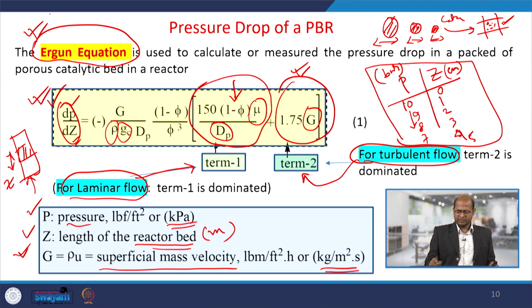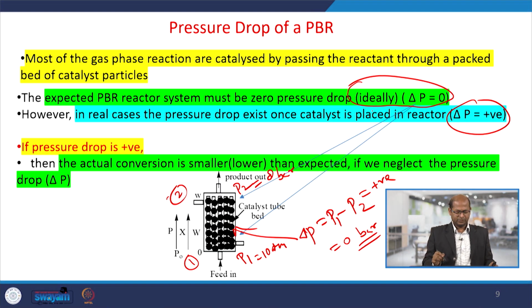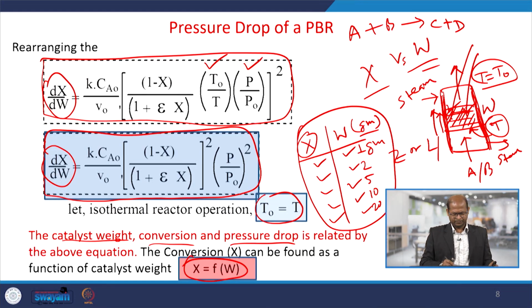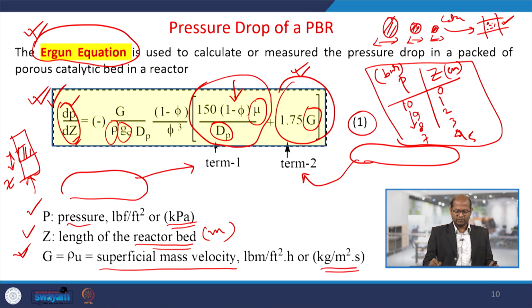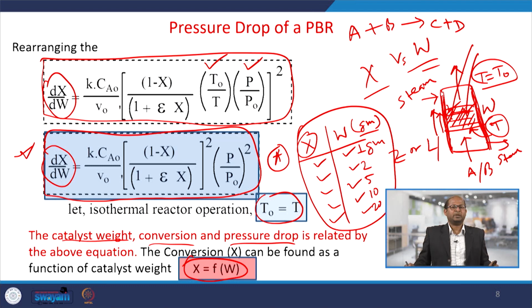Here is equation 1, and there was another equation, for conversion and weight, let us say equation A. Both equations are important, and both are differential equations, dp by dz and dx by dw, where w is weight and z is the length or catalyst bed height. There is some relationship between them, which we will also discuss in our next class.